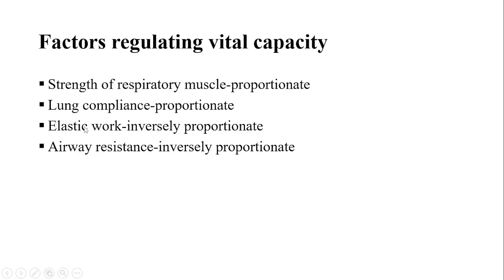Elastic work means the work that has to be performed against the elastic forces. So if the elastic forces increase, the elastic work also increases, so it will decrease the vital capacity. And if the airway resistance increases, the vital capacity will decrease, and vice versa.